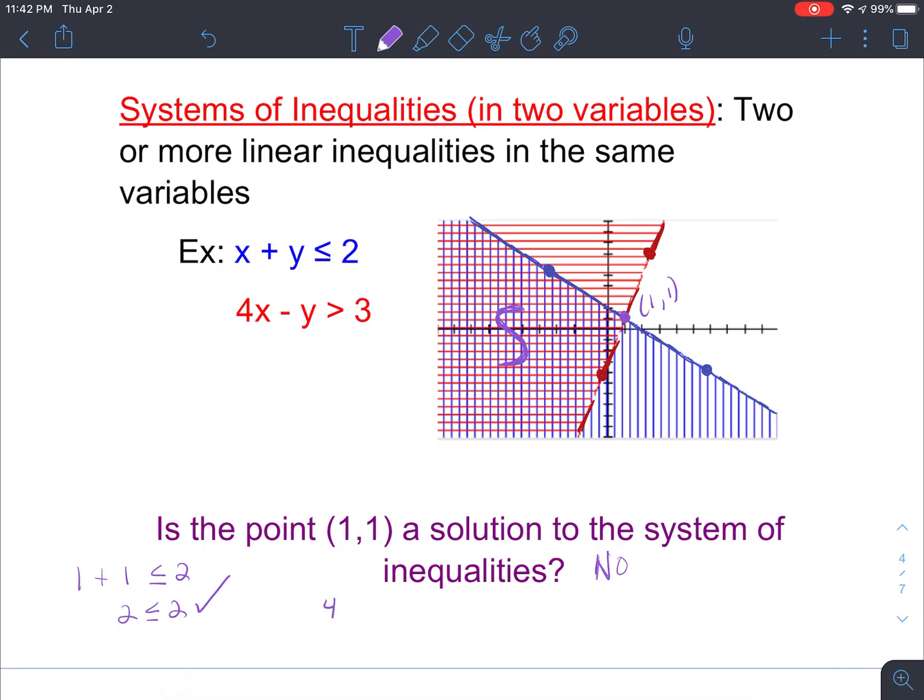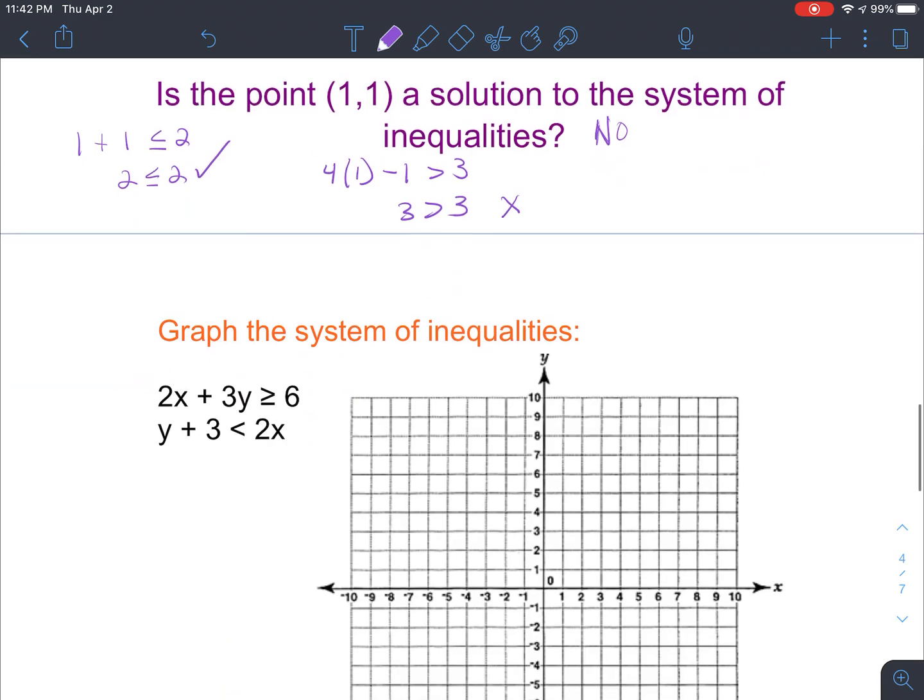Now, when I plug it into the red equation, 4 times x minus y has to be greater than 3. Well, that's 4 minus 1, 3 greater than 3. That is not a true statement because 3 is equal to 3, not greater than 3. So you have to be very careful with boundary lines. Dashed, not a solution. Solid, yes, a solution.